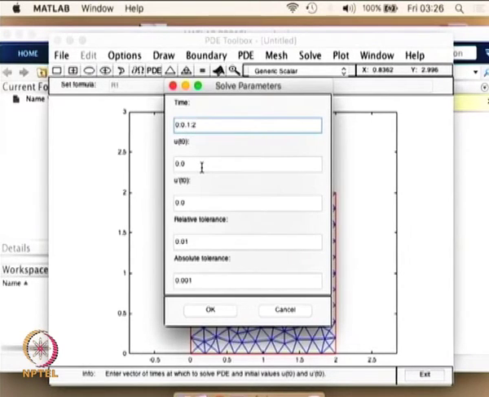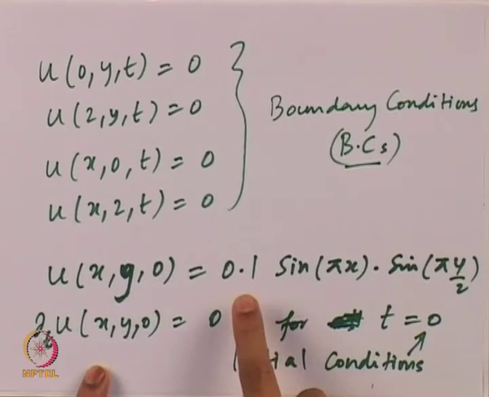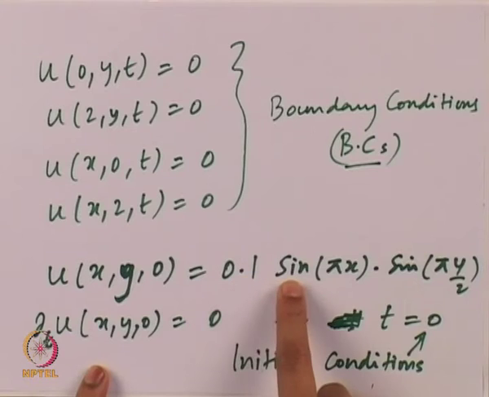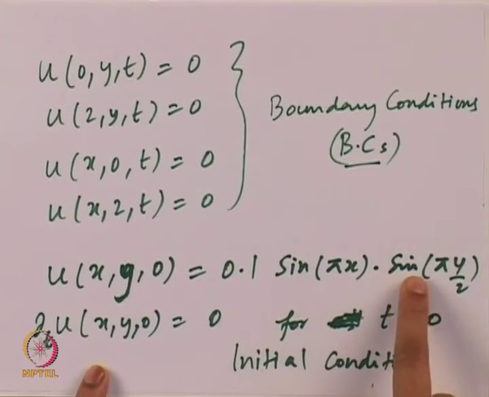You can set the initial value the way we have got here. So if you go and see the equation here, the initial value is given here. So for u at t equal to 0, we have to set the initial value. So the initial value is going to be 0.1 multiplied by sin pi x multiplied by sin pi y by 2. So that is what I am going to type here.